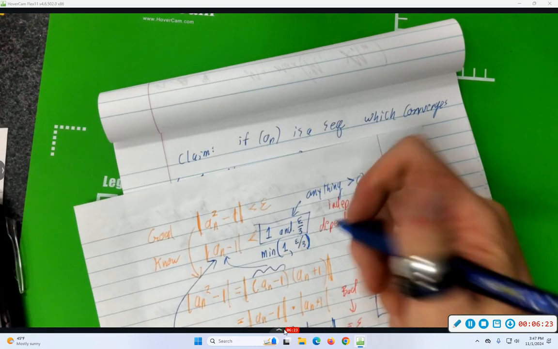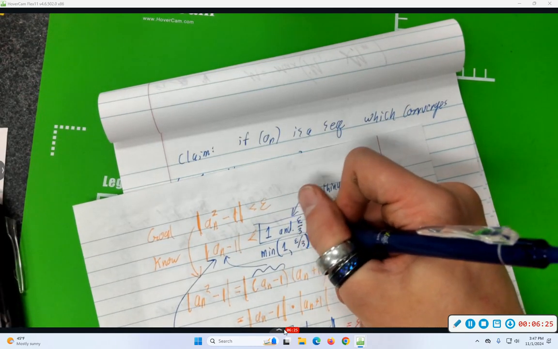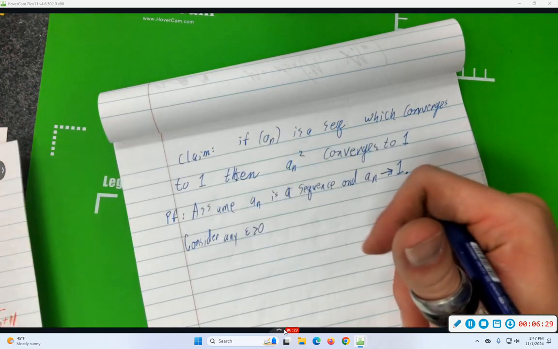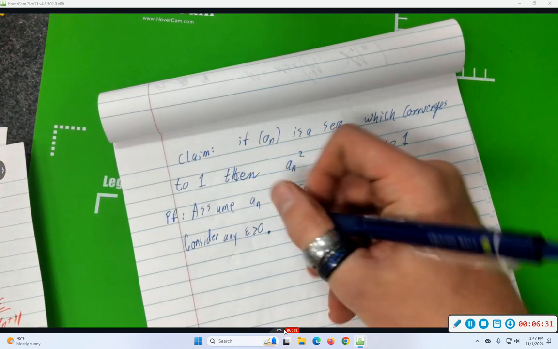Over here in the scratch work, we figured out what we need to have in the box. We need |a_n - 1| to be less than that positive number. So let's do that.